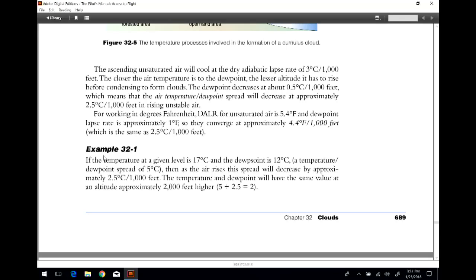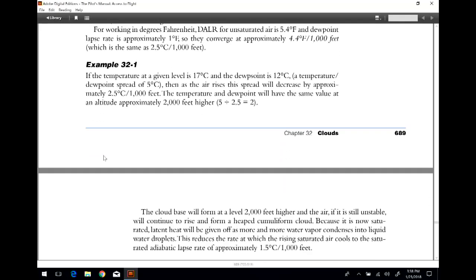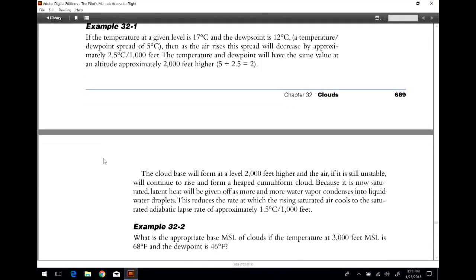Every 1,000 feet the temperature is going to drop 2.5 degrees Celsius. Go up 1,000 feet, there's 2.5. Another 1,000 feet, a total of 2,000 feet, that's 5 degrees. What's the spread? 5 degrees. So there it is, Bob's your uncle. 2,000 feet AGL is where you can expect the bottom layer of those clouds.